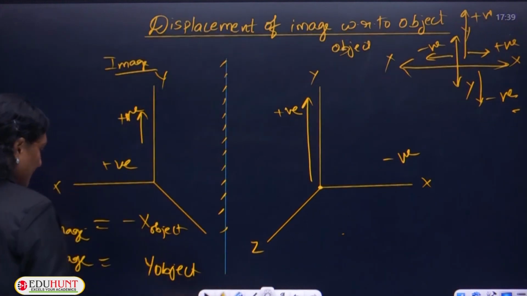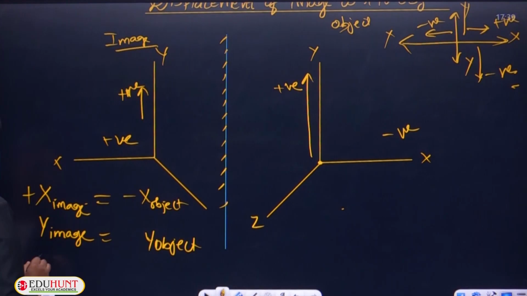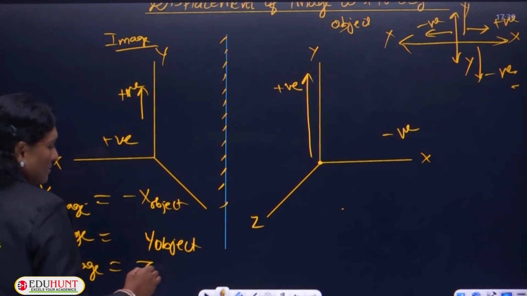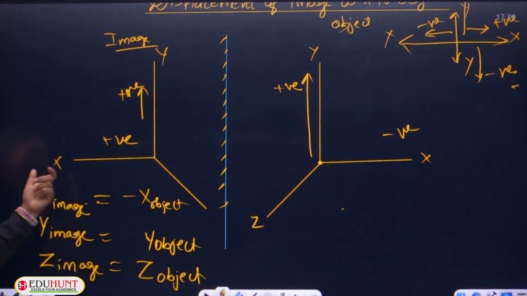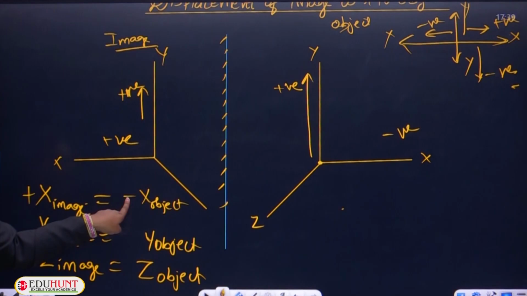So while comparing the position of the image along the z-axis, there is no change. Only when the object moves perpendicular to the plane of the mirror will the motion of the image and object be in opposite directions.